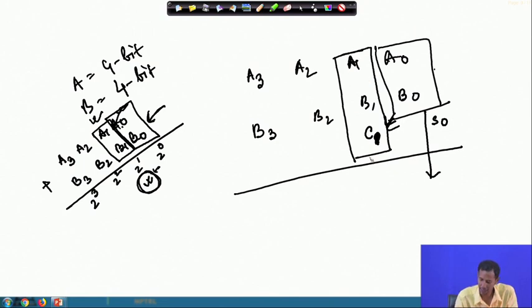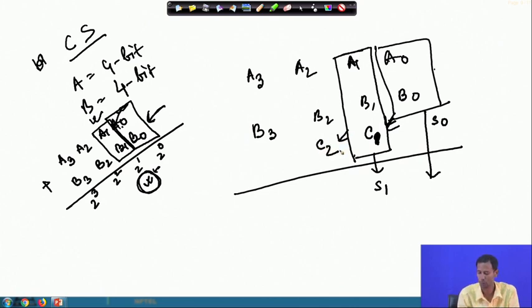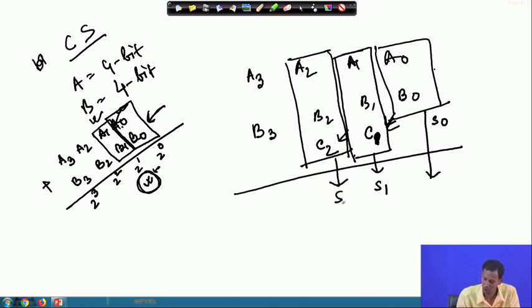and again I will get 1 and 1, that means this carry and sum. So, from this particular block this will be S1 and this will produce the carry as C2. Then again for this do the same, that means it will produce the corresponding S2 and this will produce the corresponding C3.